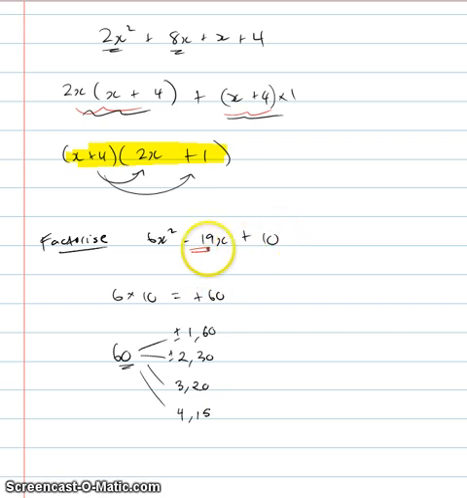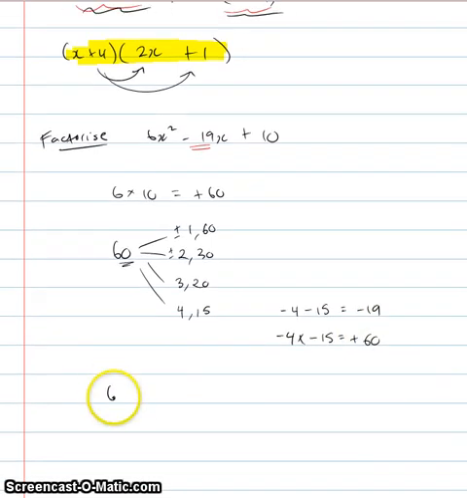So it needs to add to give negative 19, but then it needs to multiply to give positive 60. So what are the two numbers going to be? It's going to have to be negative 4 minus 15 sums to negative 19, and negative 4 times negative 15 gives me the positive 60.